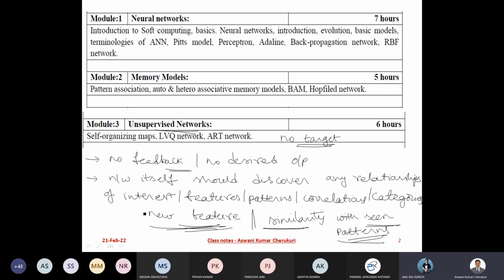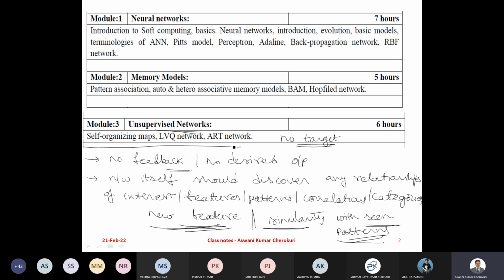Yes, sir. And the point is, when you do this activity, take an example, you have the new feature coming in. As I said, let us take two categories, or two groups, or two clusters.